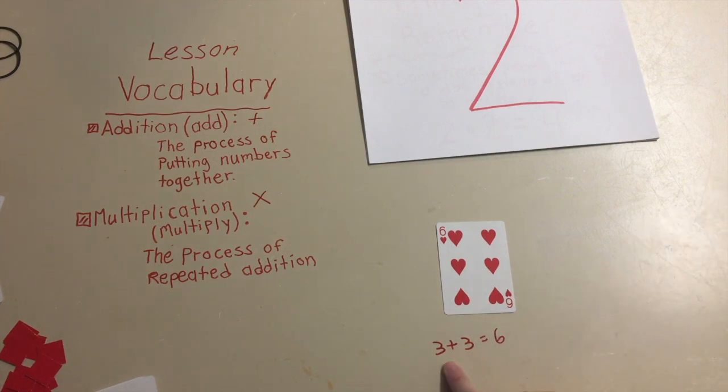I have 2 groups of 3 right here in my addition problem. So I know that 2 groups of 3 equals 6.